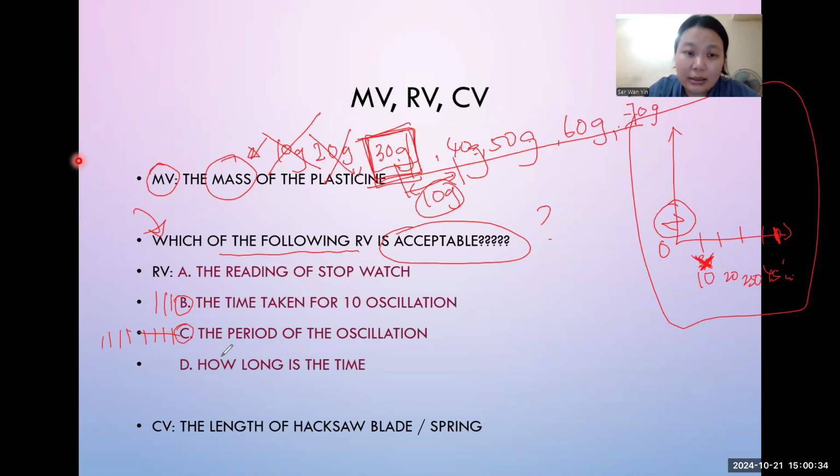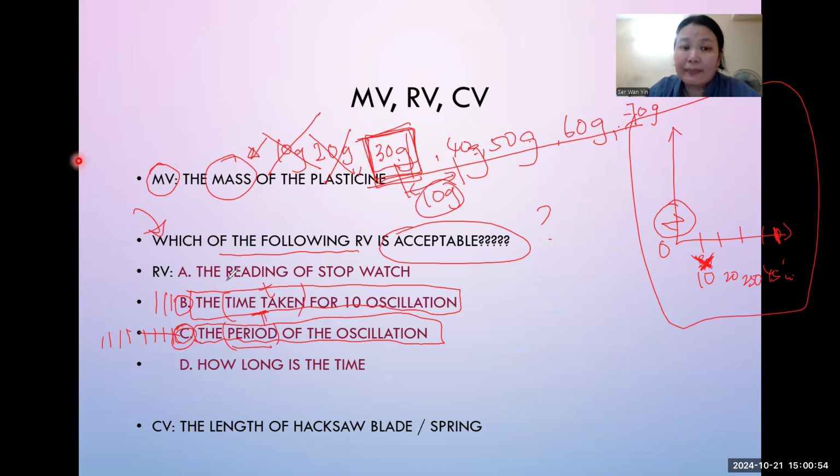Actually, the best is C. But B actually also can for 10 oscillation. But 10 oscillation is time taken, period is capital T. The best is C. Yeah, very good.